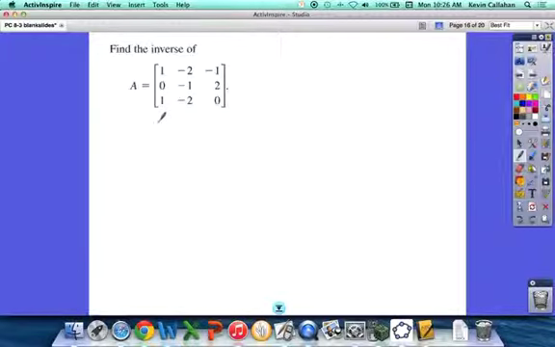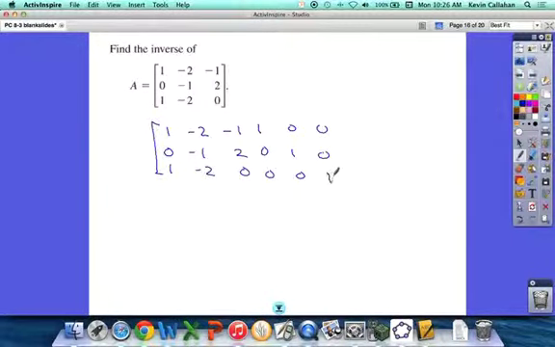Okay, let's see if we can do this one without too much gnashing of teeth. Okay, 1, negative 2, negative 1, 0, negative 1, 2, 1, negative 2, 0. All right, and then we'll put the identity on the right.